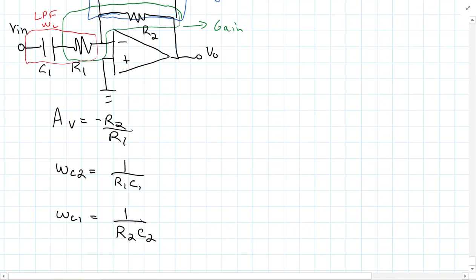Now, remember here, and I'm not going to go through an example because really at this point it's just a bunch of equation plugging and chugging, but remember here that there are 5 parameters for a bandpass filter.